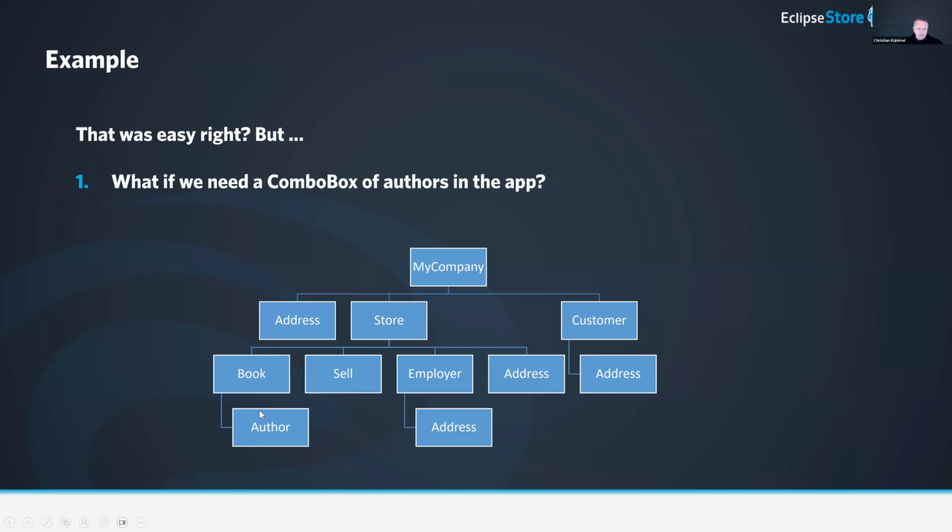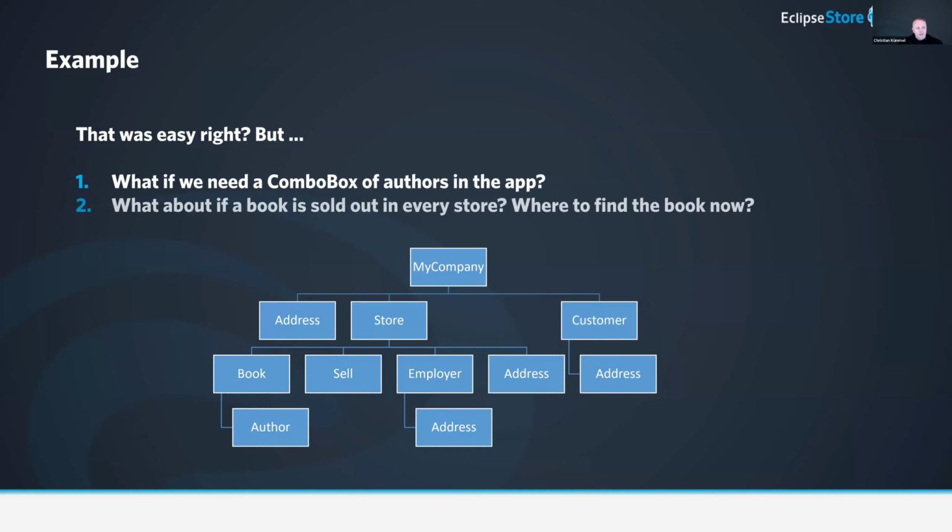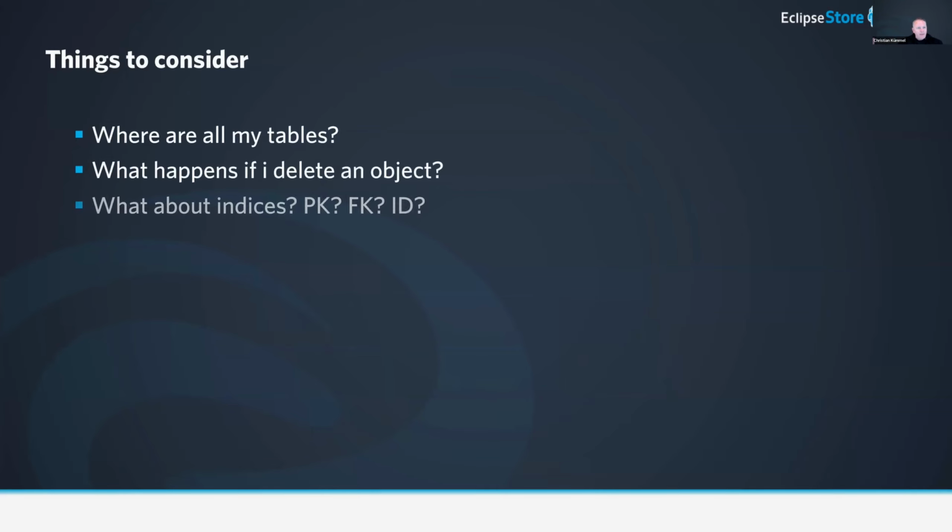That means, let's say, when we're selling the last book of a specific author, we will lose that author, right? So the book is sold and the author is gone at the end. And this is a situation we have to take care of. And these are things we have to think about when we plan our object model. So we have to ask, where are my tables? Or what are my tables?